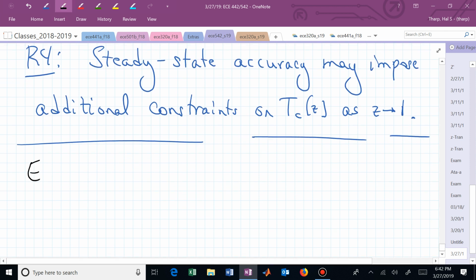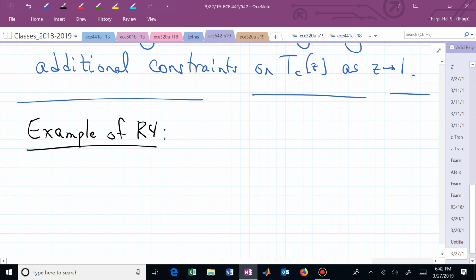Let's see if we can obtain a feel for this based on a straightforward example.